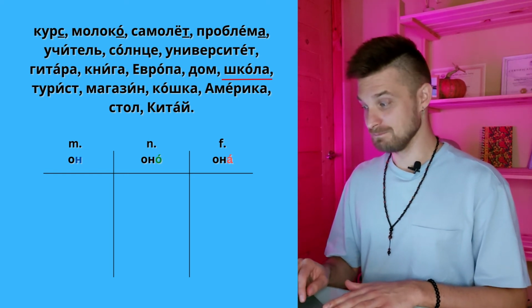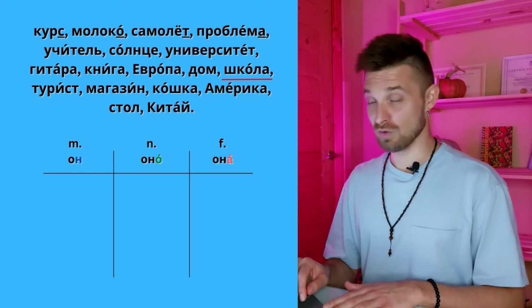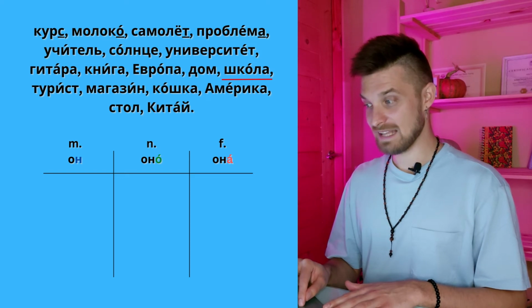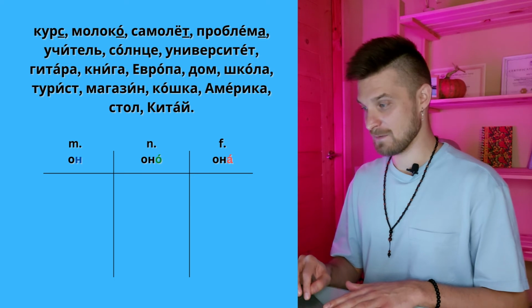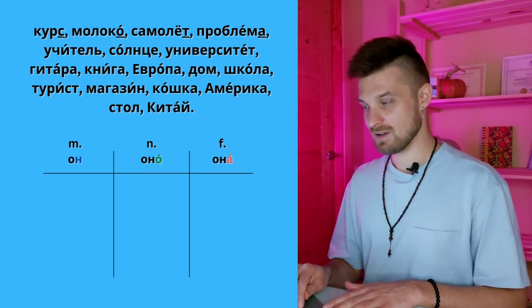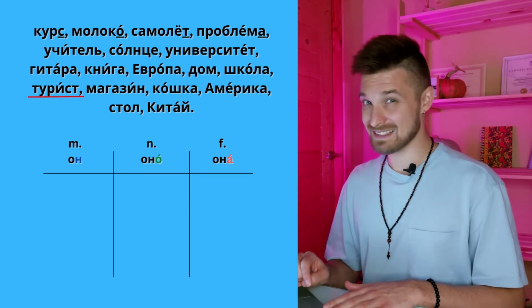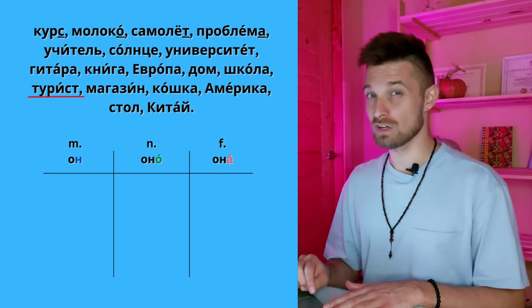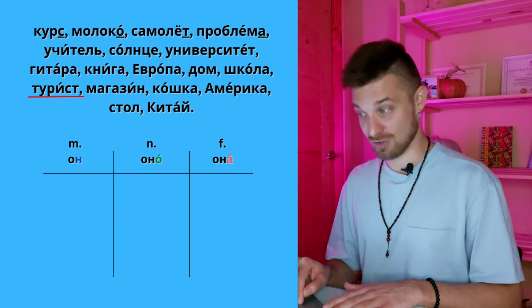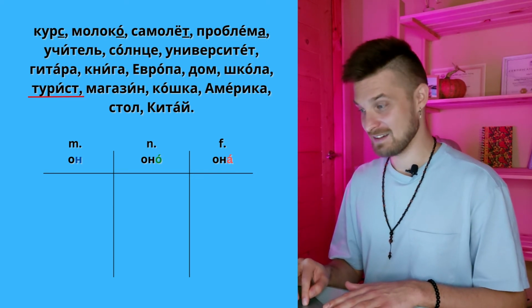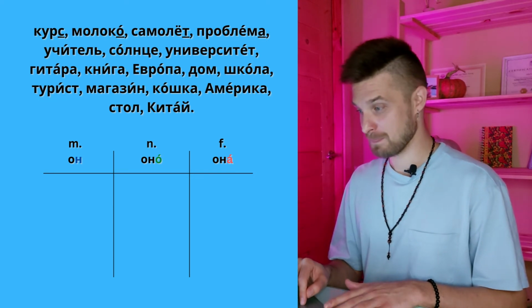Школа. Школа means school. Ends with a. A is feminine. Okay. So the next one, турист. Турист ends with t, like самолет or университет. Of course, masculine.